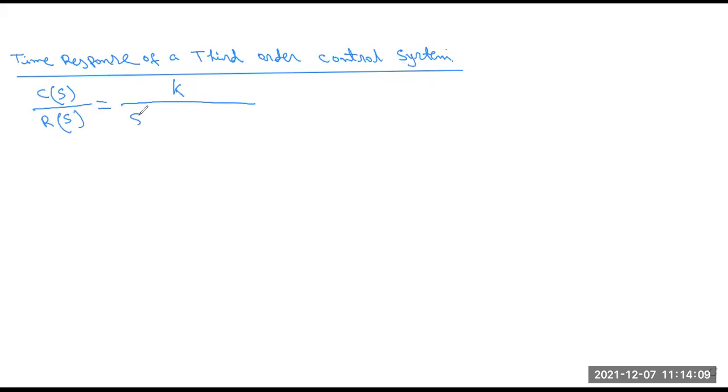This is the third order control system equation: K by S cube plus A S square plus B S plus C. Here A, B, C are constant terms.